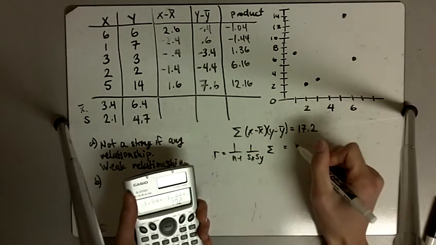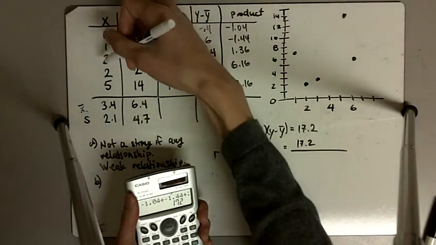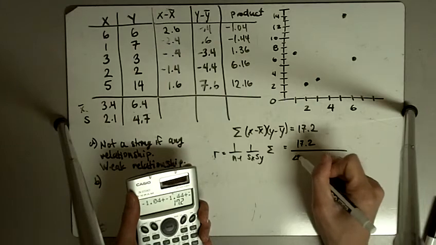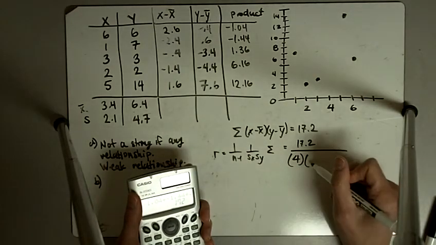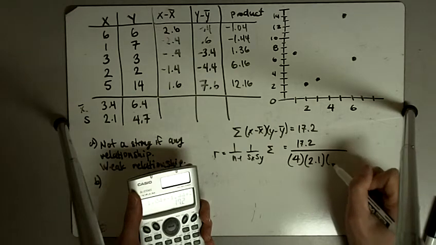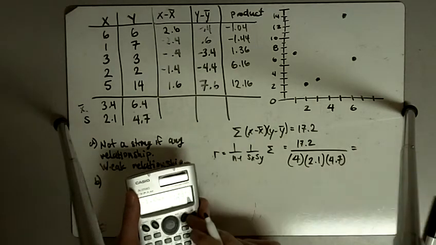So this gives me 17.2, and I'm going to divide by n minus 1, which is 5 minus 1, gives me 4, times the standard deviation of x, which is 2.1, times the standard deviation of y, which is 4.7.